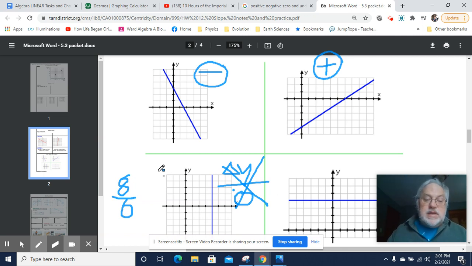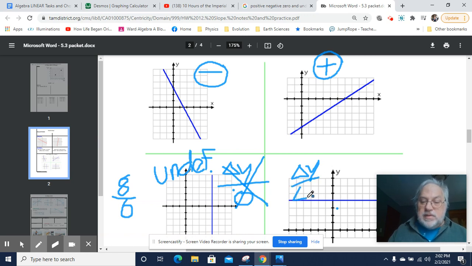Okay, so this is an undefined slope. Vertical is undefined.